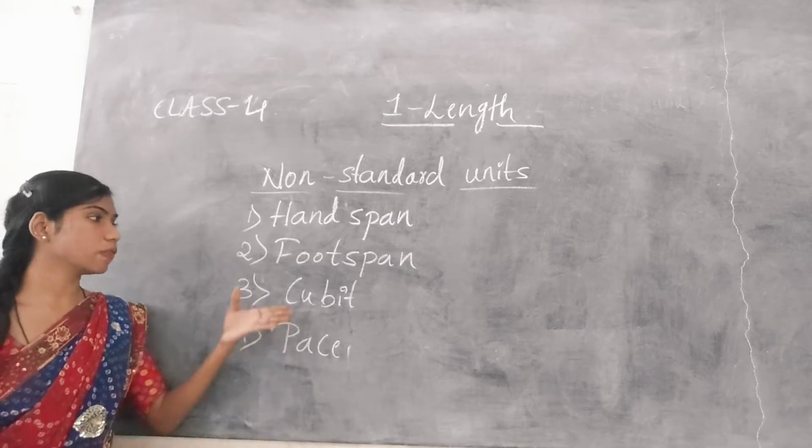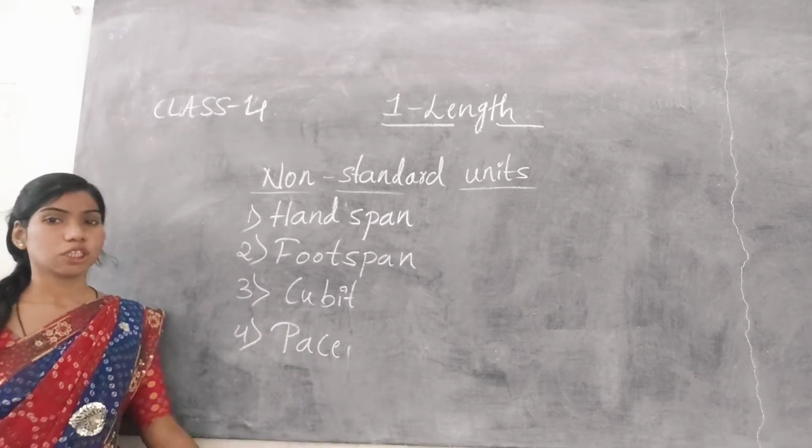Because of that, every person has different body part lengths, so we call them non-standard units.